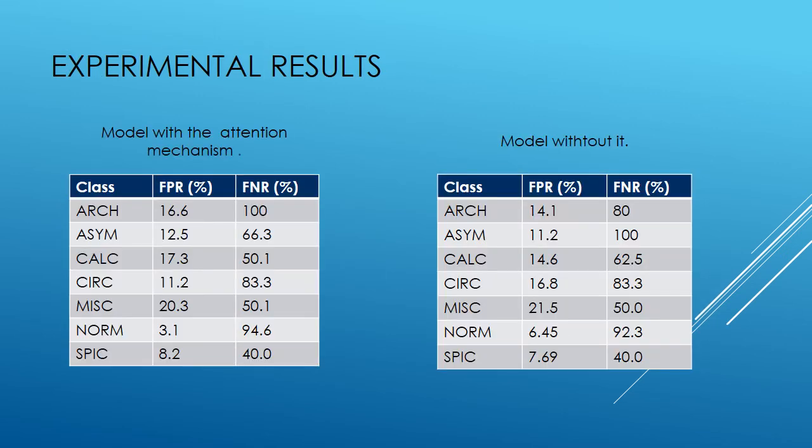In spite of the proper performance of the attention mechanism, it didn't represent a significant improvement of the classification task. Therefore, the false positive rate is close to the rate in real life, 10%.